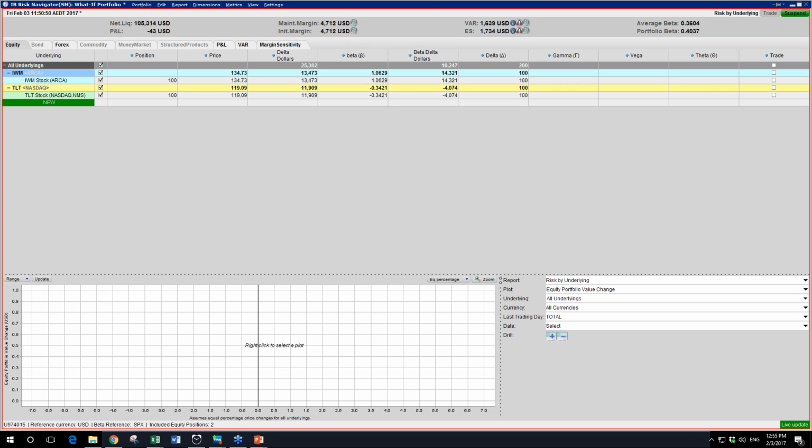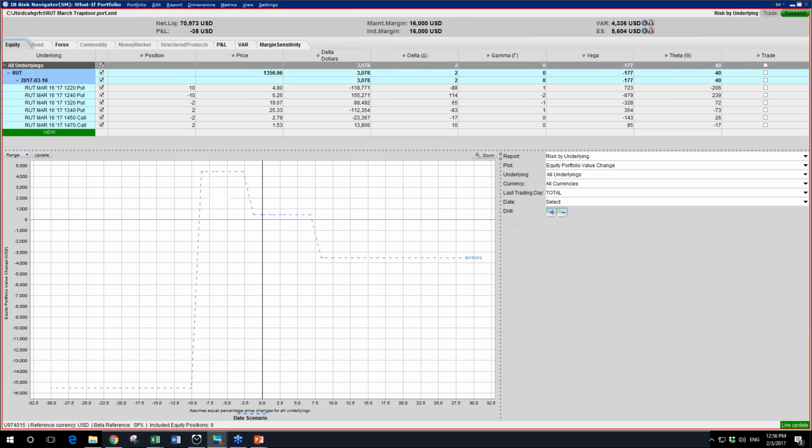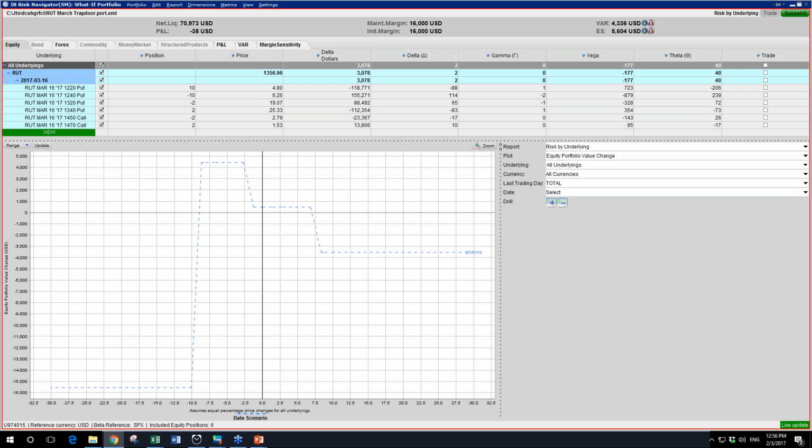Okay, so the other case study that we were looking at was the trapdoor, which again has been pretty uneventful so far. If I go to our initial setup, Russell was at 1360 when we traded it, so we've come down a tiny amount.